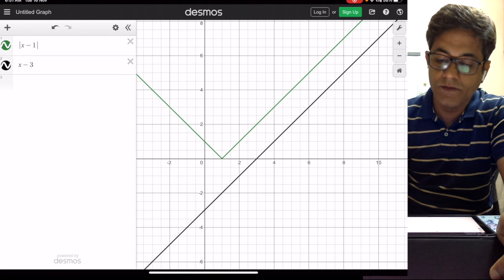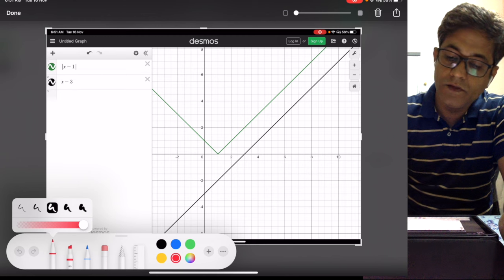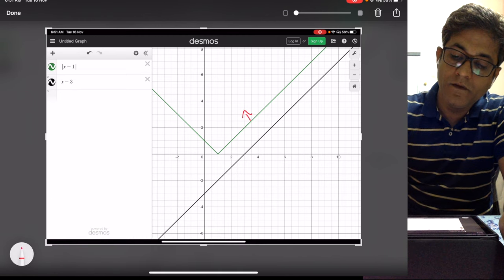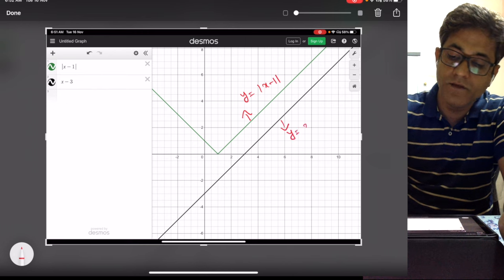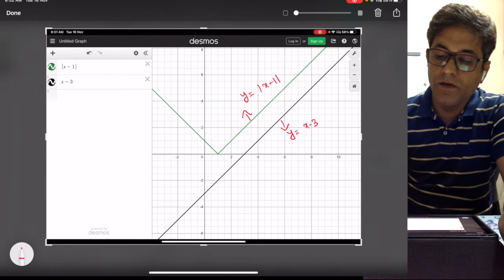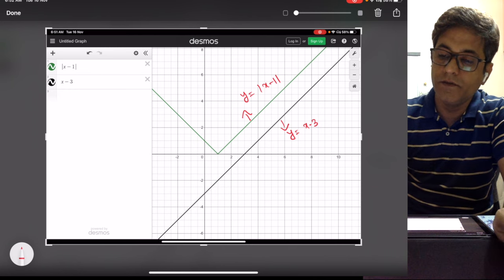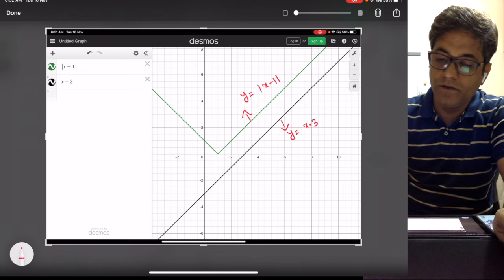This is the graph of y equals mod x minus 1. This is the graph of y equals x minus 3. See, these two graphs are not intersecting. Therefore, graphically also we can say that the given equation has no solution. So this is the solution.